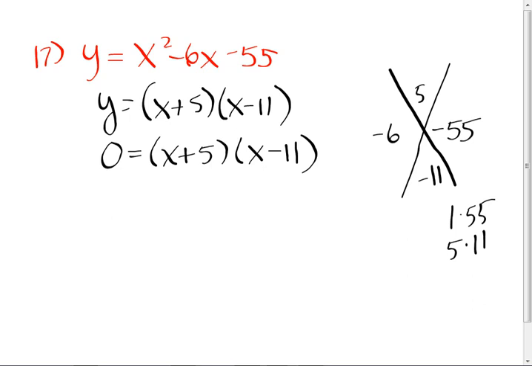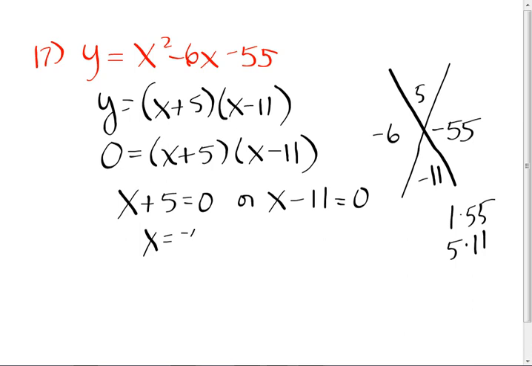If you don't know, you definitely need to pay attention. x plus 5 is 0, or x minus 11 is 0. What's this going to give us? This is going to be negative 5. And this one? 11. Good. Now you've got the intercepts.